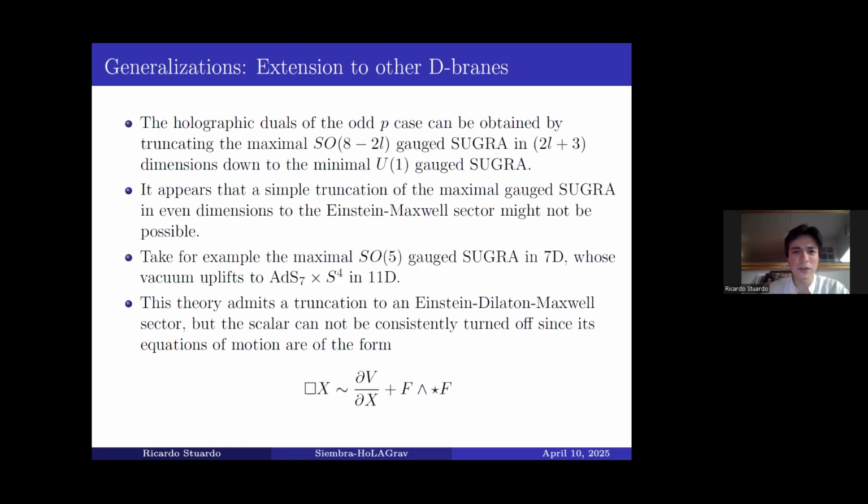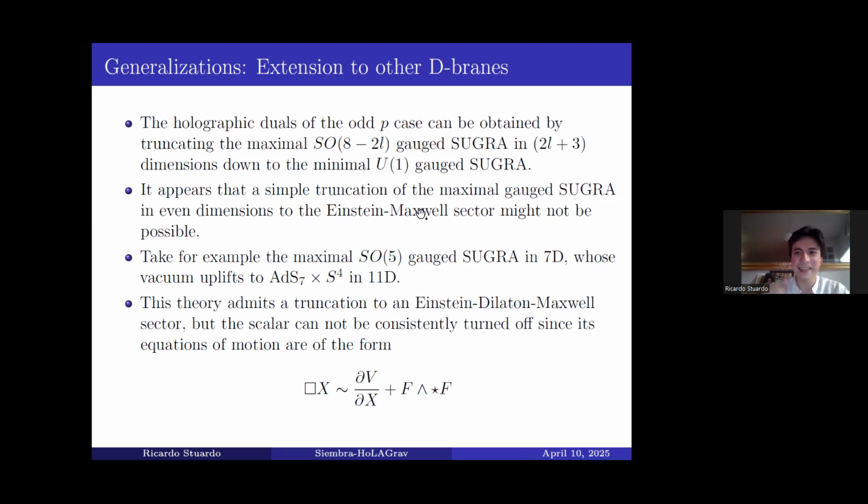And there is also some evidence on the gravity side that this would be a bit more iffy to look at. So basically the idea is, following the question of, who asked me? Lucas, I think. So you reduce on the sphere, you get a gauged supergravity, which is SO of something odd in this case. And you say, oh, can I truncate to the SO(7), for example, down to a U(1)? The answer is yes, but you cannot truncate it to an Einstein-Maxwell sector.